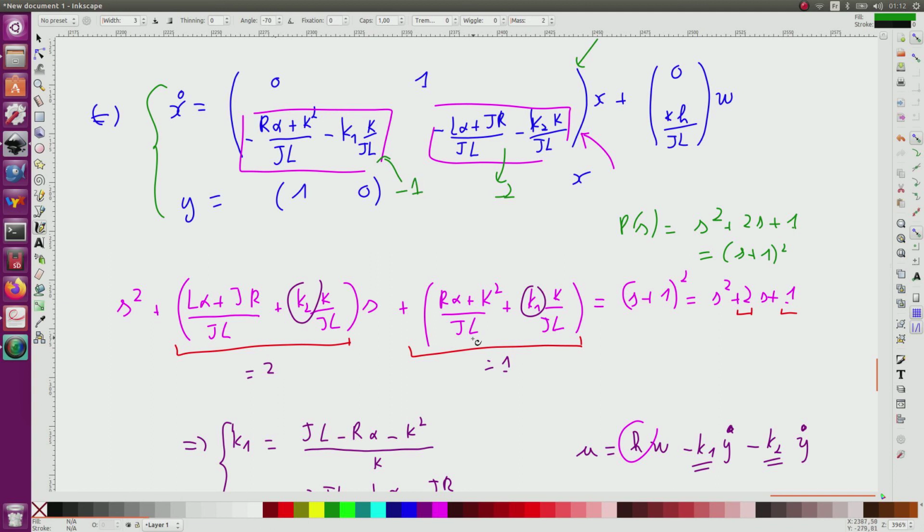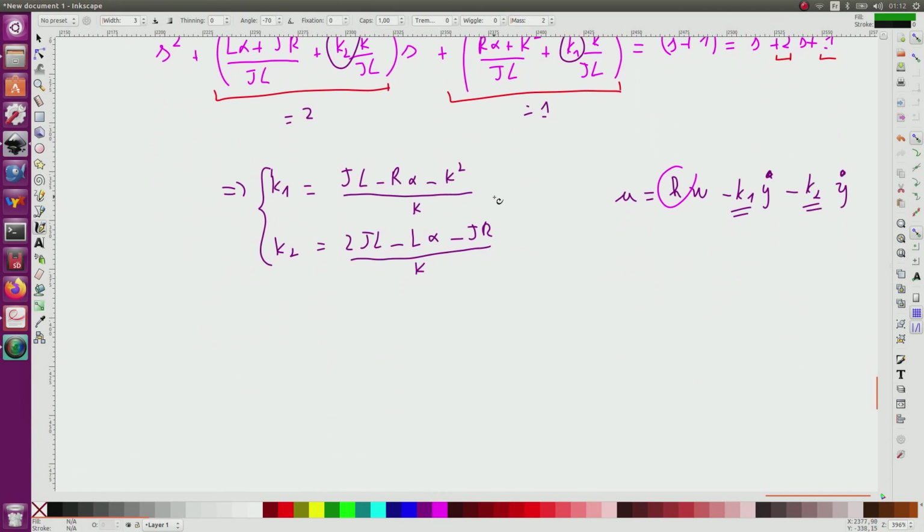As a consequence, for question number 7, I have my system x dot equal [0, 1; -1, -2] x plus [0; kappa h divided by GL] with the input W, and y equal [1, 0] x.